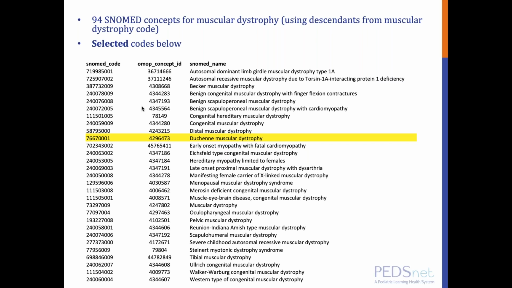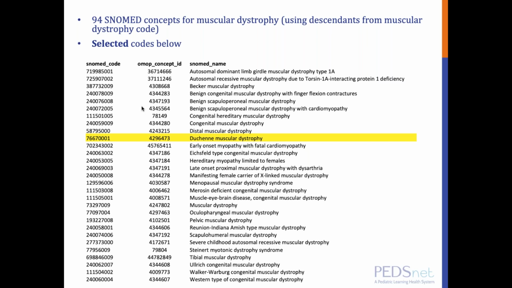The ENT surgeon might put in acute suppurative otitis media. There is a more specific code, acute suppurative otitis media of the right ear, but they don't usually do that. Behind the scenes, that'll get mapped to a generic billing code like otitis media.